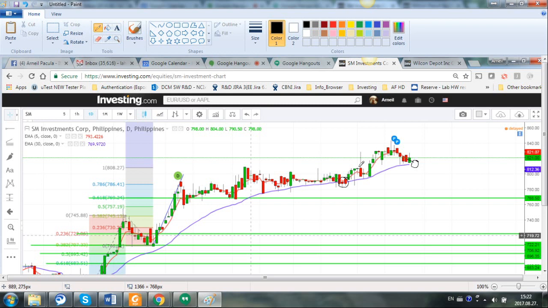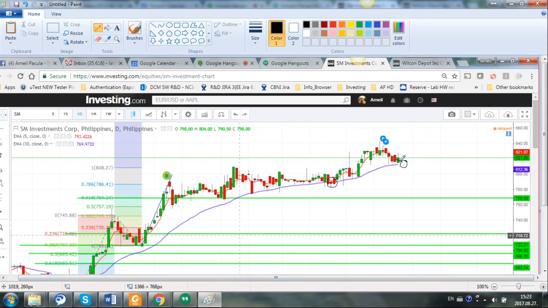Now, di ba, hindi tayo sure kung magbabounce back ba ang ganyan or gaganyan siya. So, paano natin i-handle yan? Yung gawin mo is, kung gusto mo talagang mag-invest kay SM, buy at that point.